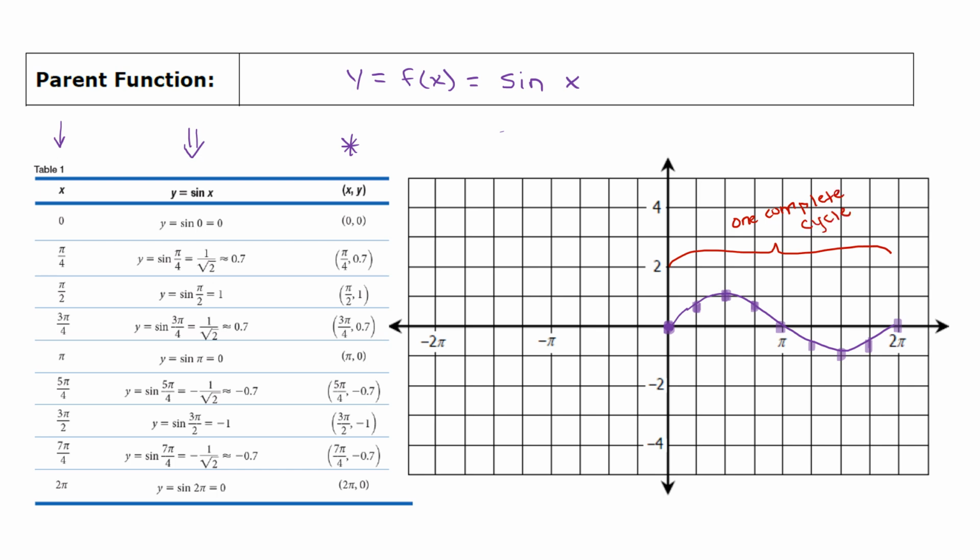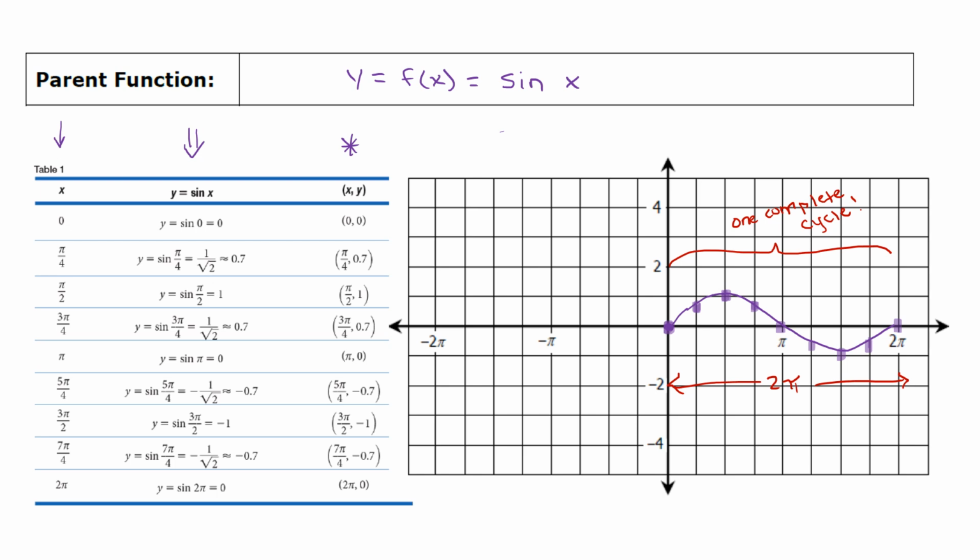Okay. If we were to continue this pattern, you'd see that we would be repeating the similar y values. So we can extend the graph to the left of x equals 0, since one complete cycle here is 2 pi. We know that the sine graph repeats itself every 2 pi units. And we can use the calculator or the unit circle to assist us with the plotting of these points. So let's plot these points to the left of 0.